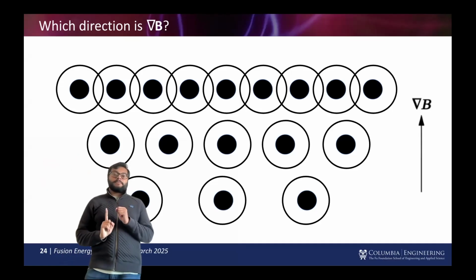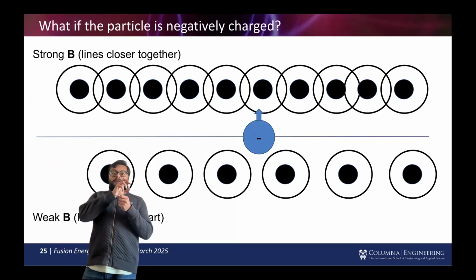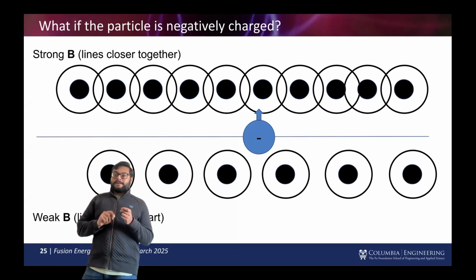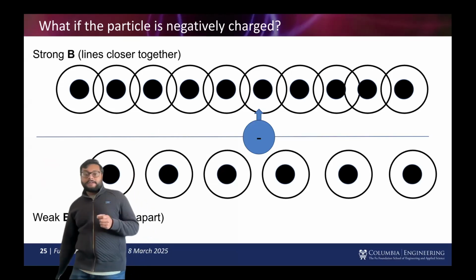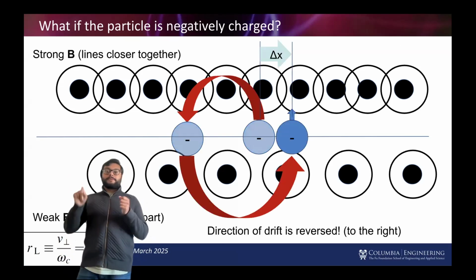So now you have a gradient that points up from the lower field strength to the higher field strength. And so your radius of gyration ends up being smaller at the top and larger at the bottom. So if you follow the electron around, you'll end up seeing a smaller loop at the top and a larger loop at the bottom.